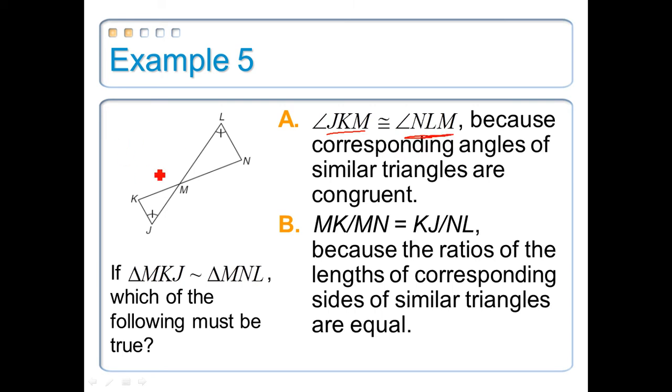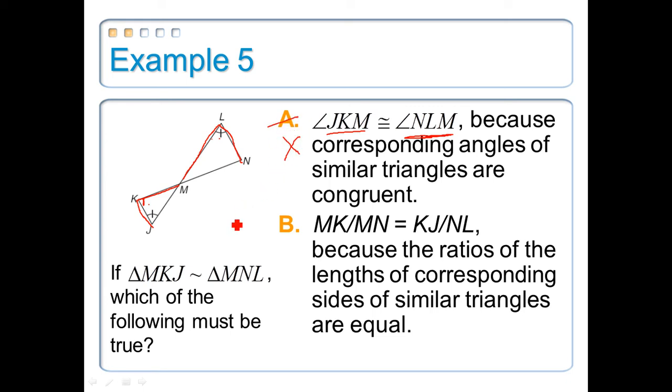So JKM, J to K to M, that's this angle here, is that corresponding to NLM? N to L to M. No, they're not corresponding. They have different markers in them. So this is clearly a wrong statement. We would not choose A.